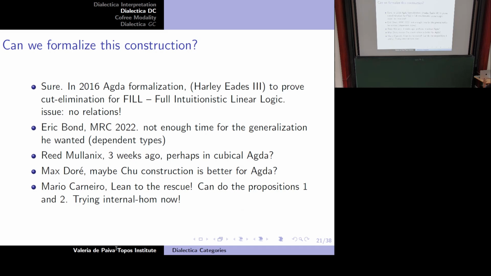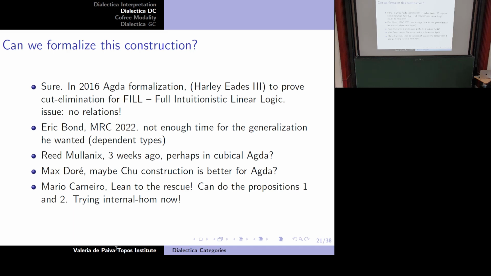So finally, back to here, two weeks ago. Can we formalize this construction? Sure. In 2016, I was already trying to formalize this construction. And I had another formalization with someone called Harley III, who is a professor in Augustum. The reason why we did that formalization was for a very specific need. We wanted to show cut elimination for a system called full intuitionistic linear logic.